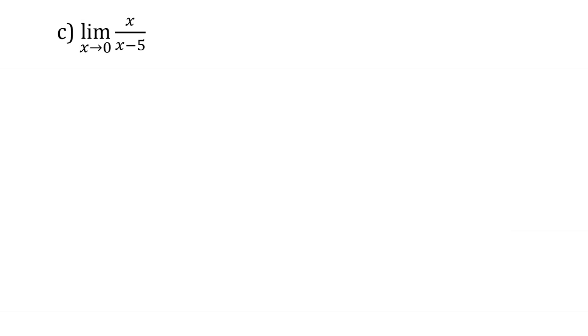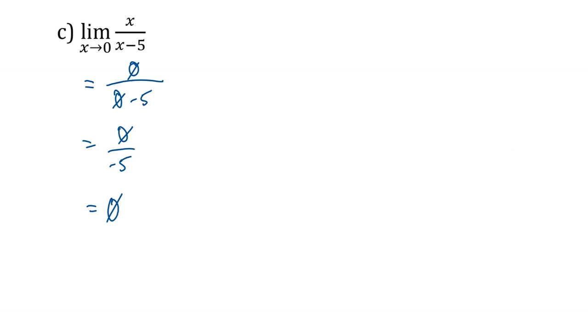So again, in all of my understanding of functions, there's nothing in this question that leads me to believe that there's something strange happening at 0. And so I'm going to try direct substitution. So subbing 0 in for x is 0 over negative 5. And there's nothing weird about that. That's just 0.